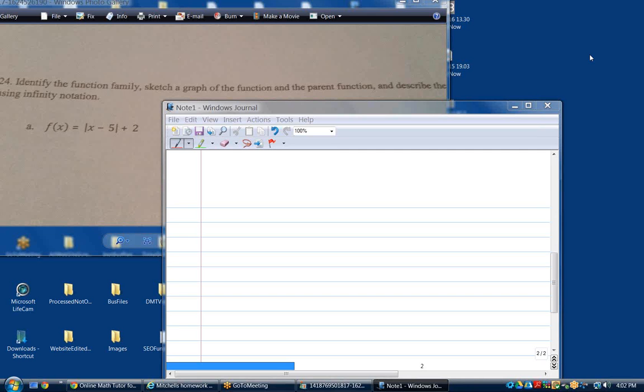Okay. Well, shall we start on question 24 here? Yeah, and I don't need to actually sketch the graph. I just need the other stuff. Okay. What's the elementary function? It's just the parent function, the absolute value of x. So what's going on with this one in the way of transformations?